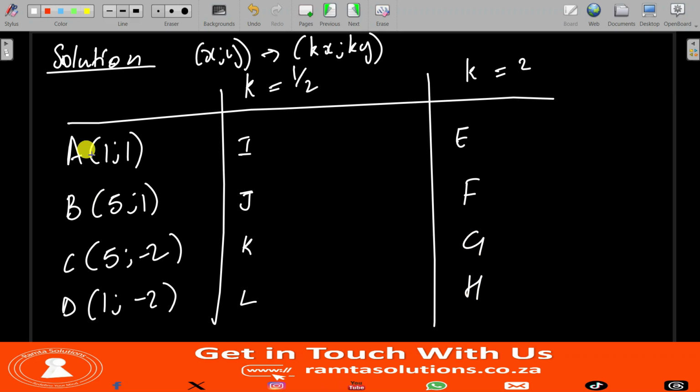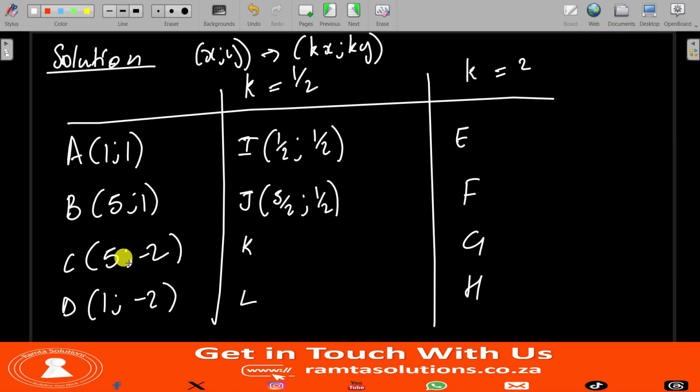So let's see. This x value is 1. When you multiply by half, it'll be a half. This y value is again 1, and multiplied by half it'll be a half.